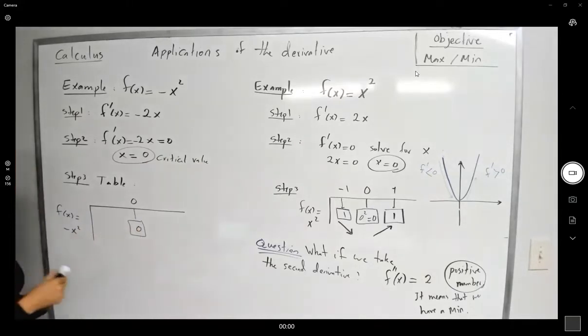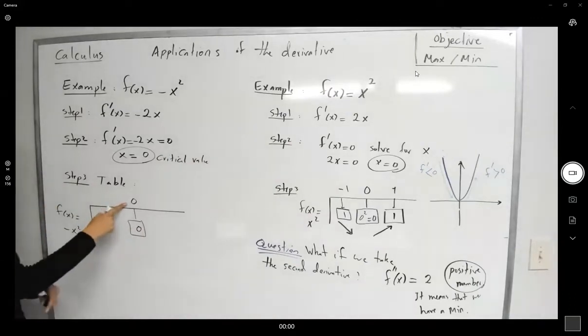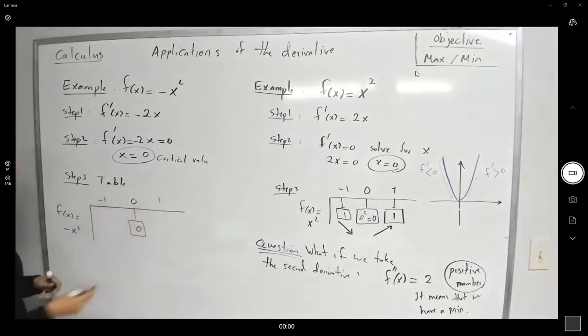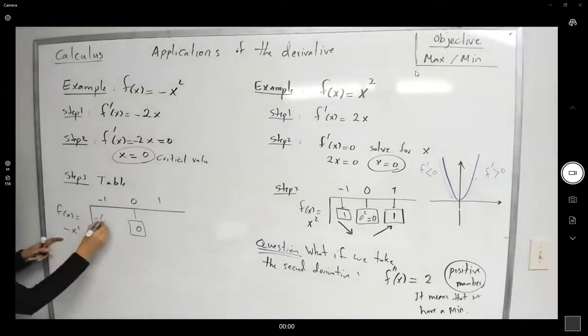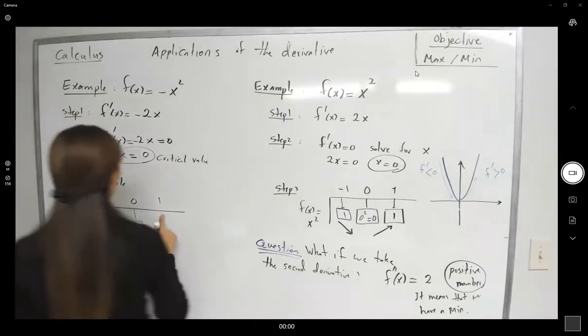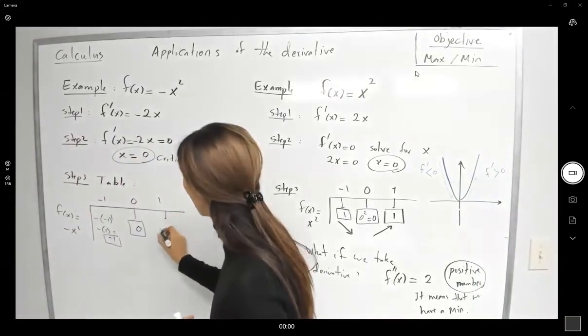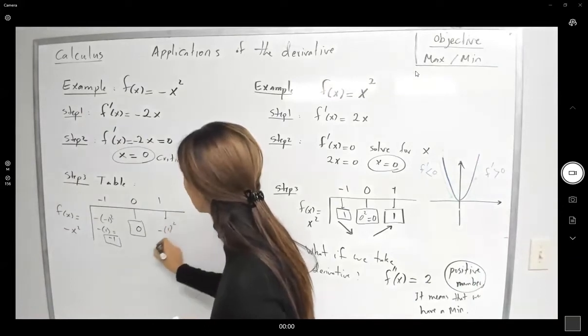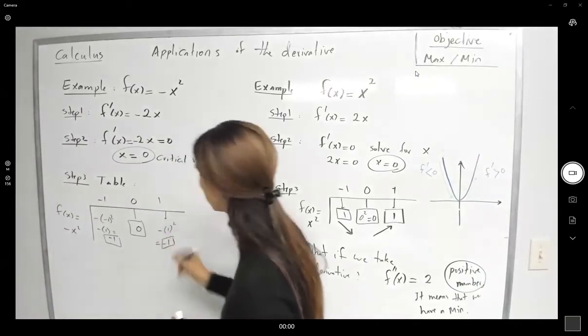We need some values on the left and on the right of the critical value, like -1 and 1. If I plug in -1 into this function, I get negative (-1) squared, or just -1. I get a smaller value. If I plug in 1 into the function, I get negative 1 squared, which is again -1.